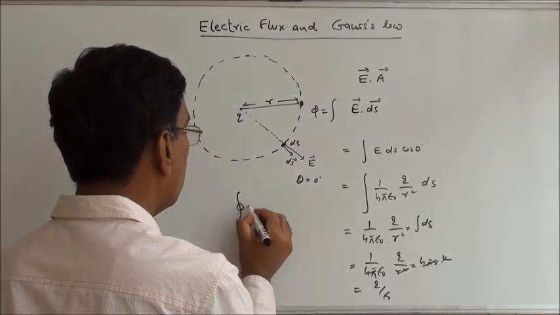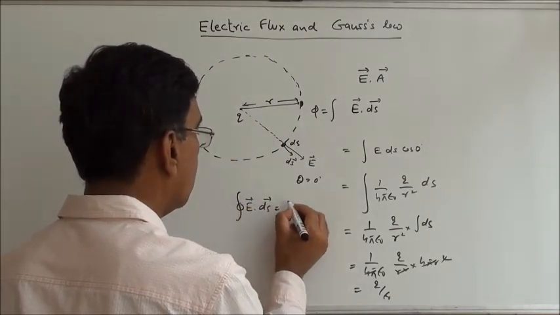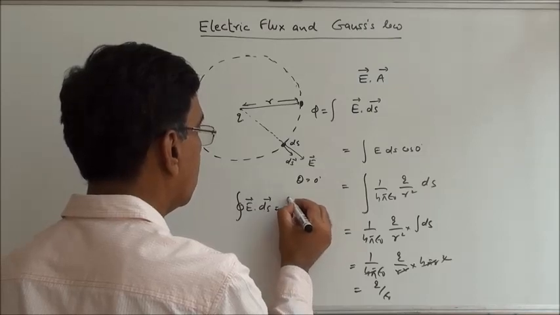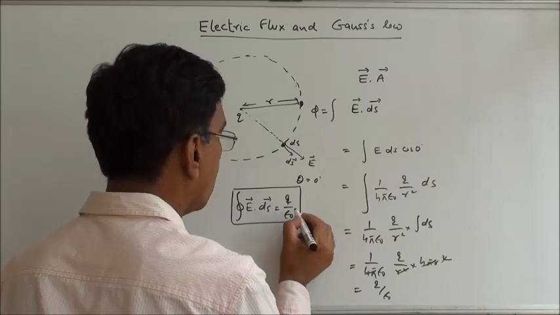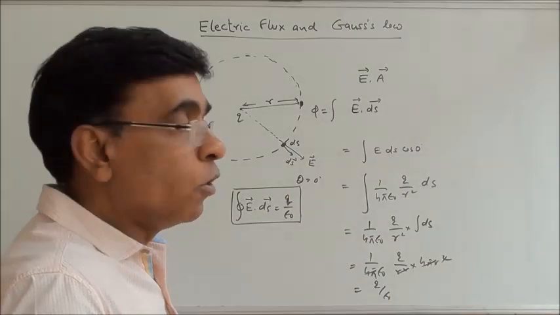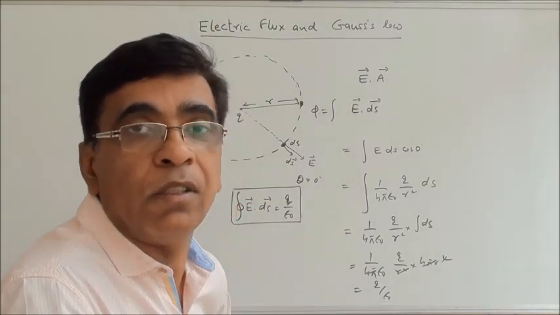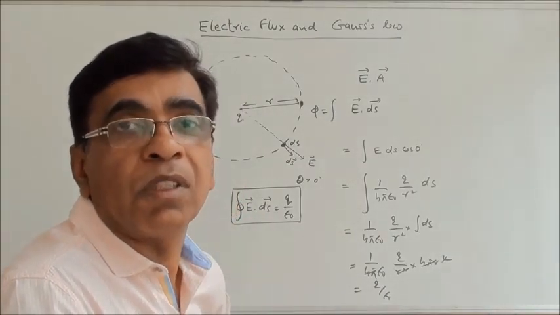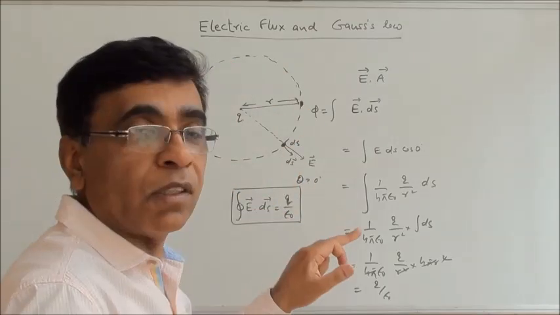So the integral of E dot ds is q by epsilon naught. The total flux for a closed surface is equal to 1 upon epsilon naught times the total charge enclosed by this surface.